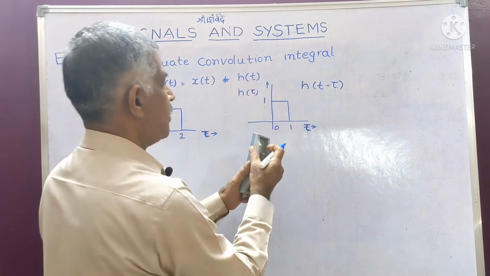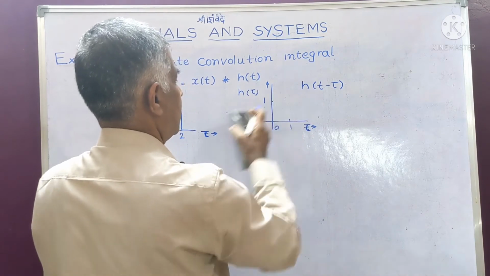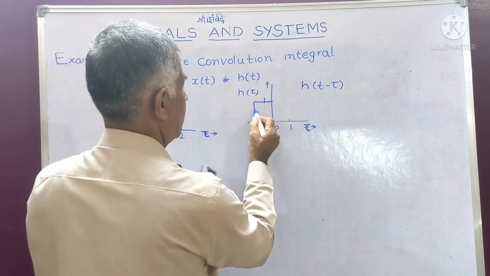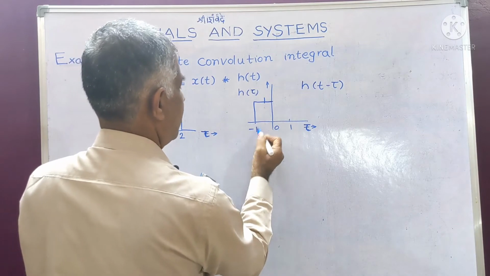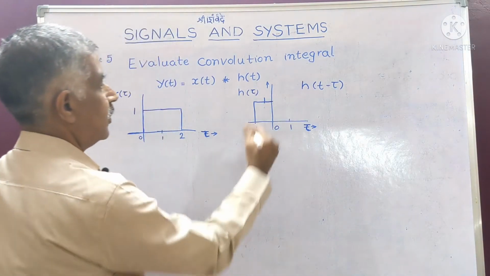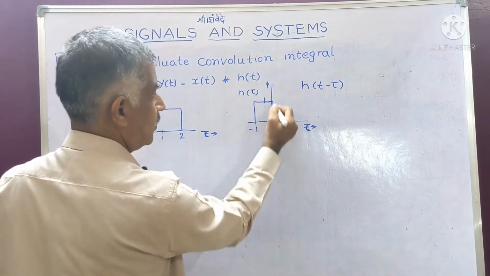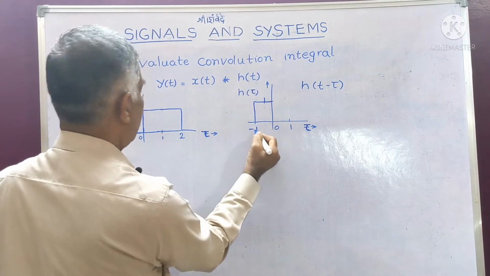So take the mirror image. On taking the mirror image, this is the mirror image. And this is to be shifted by t units. So if this is a t edge, actually this is 0. This is at -1.